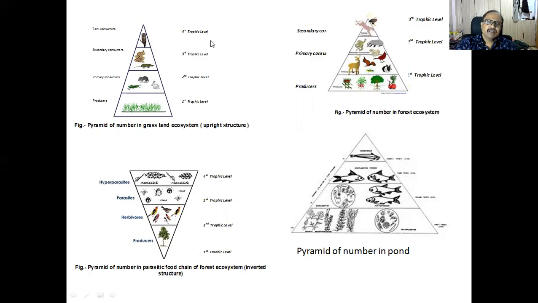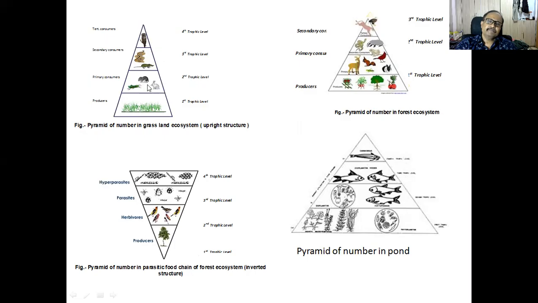Okay, and due to this gradual decrease of number of organisms from producer level to the tertiary consumer levels, this pyramid shows the upright structure. Why is this showing the upright structure? Because the number of organisms are decreasing from base to the apex.